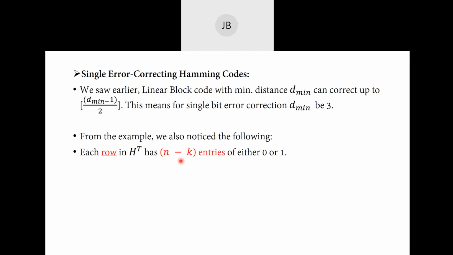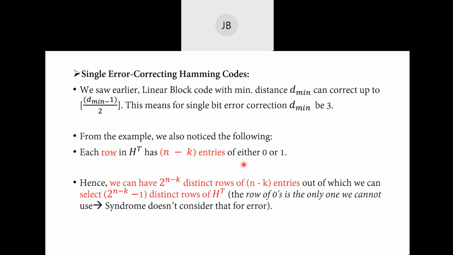In the previous example, n was 6 and k was 3, so each row has 3 entries. Of course, the values are either 0 or 1.